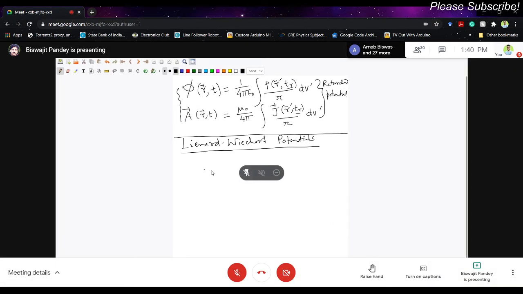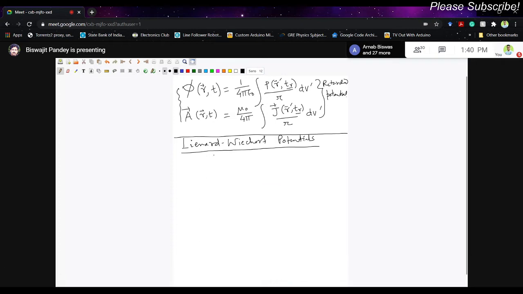So let us draw the picture of the moving point charge. Let us imagine a coordinate system like this, maybe a lab frame, with coordinates x, y, and z, where a point charge is moving along some arbitrary trajectory. It could be any trajectory, so here I'm just drawing a general picture. The source is here, the point charge, which is moving, so at different instants of time it is at a different location.